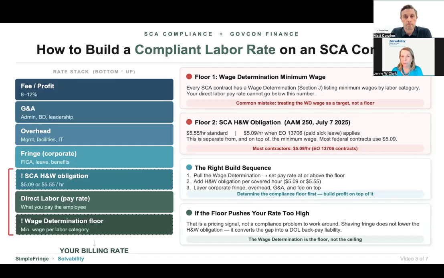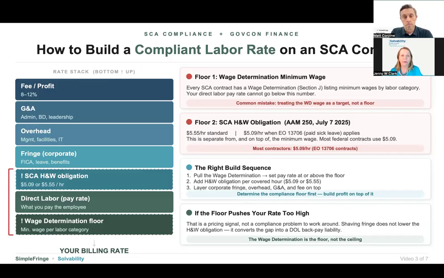Because there are companies that really say, we've got a great fringe package, and we work with our employees and say, how about we take that $5.09 an hour and apply it toward these benefits that are offered to you under our corporate benefit plan? And they give employees choices on what they want. And that's very common practice. But we have to show that we did that correctly when we do.